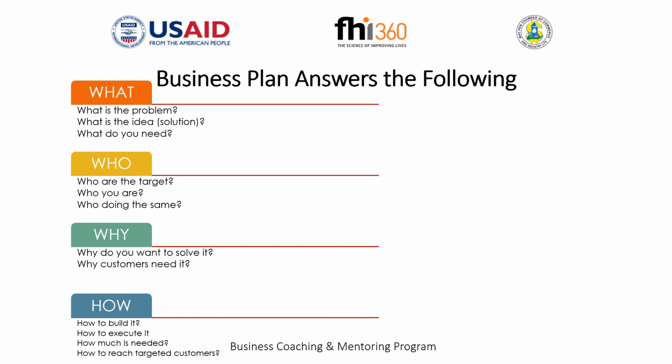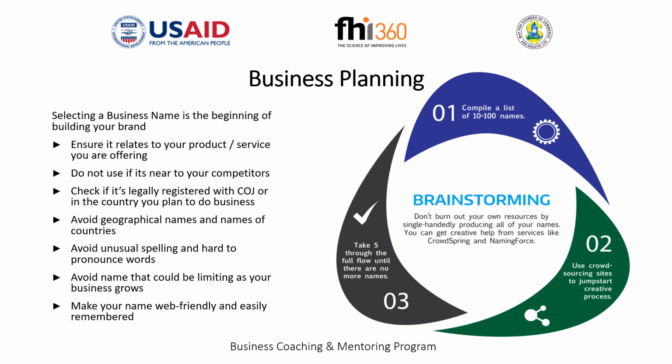Allow someone or ask for help. Get someone to help you to develop on these things that you have started to write. But because you are the entrepreneur, because the idea is within you, it is important that you are able to answer these questions. So just some tips on the process of business planning.